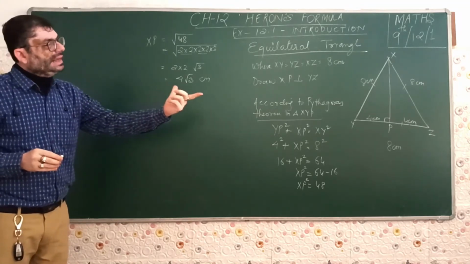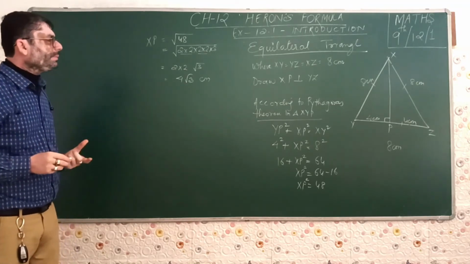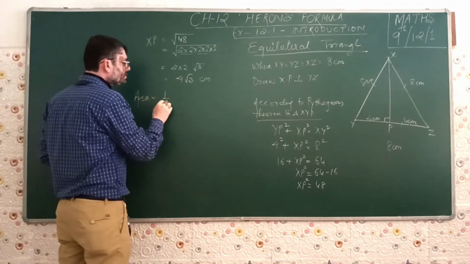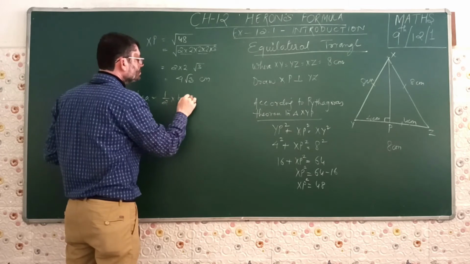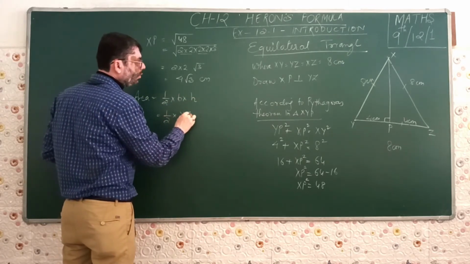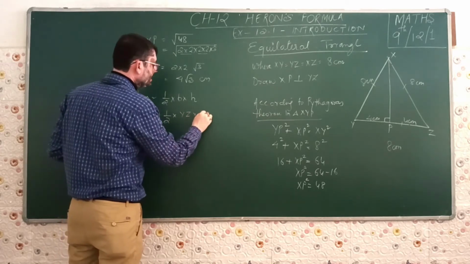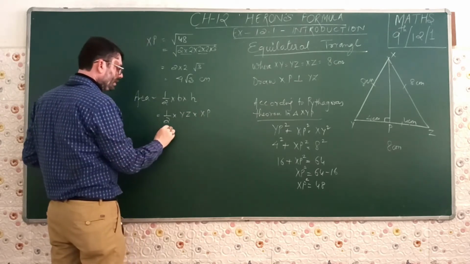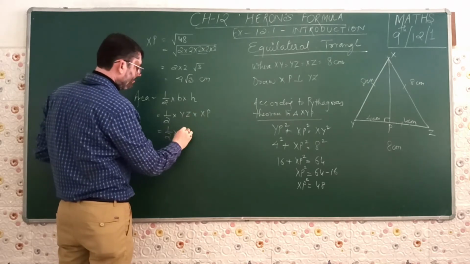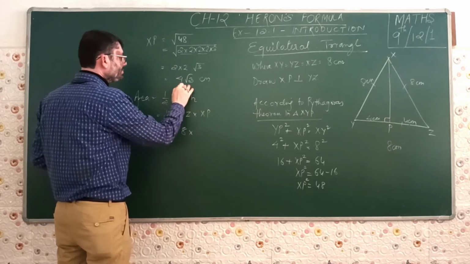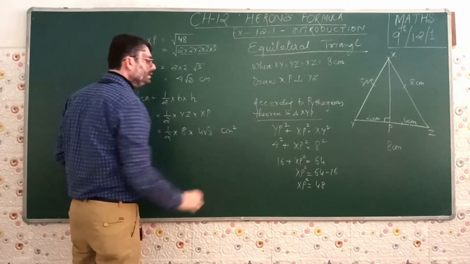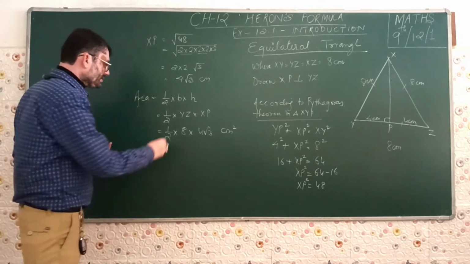We have the base as YZ. Now applying the basic formula for a triangle, area is equal to half into base into height. So this is half. We have base as YZ and we have height as XP. So now the area can be calculated as half into YZ, we have 8 centimeters, and XP we have calculated, 4 root 3, and the total answer will come in centimeter square.